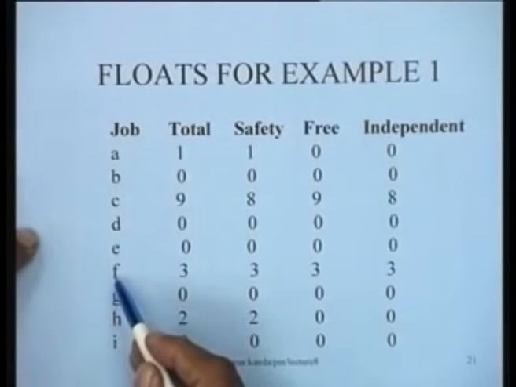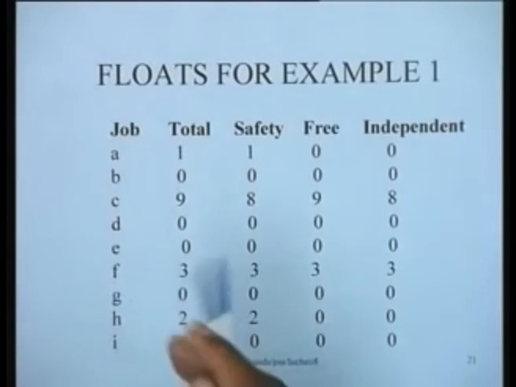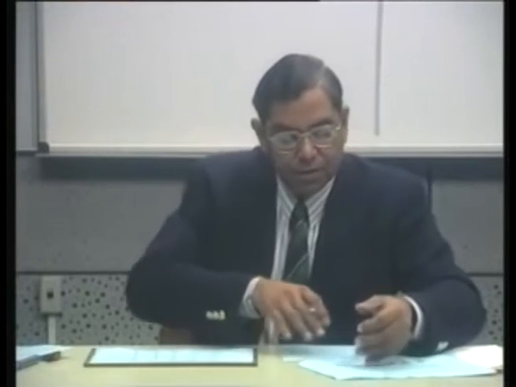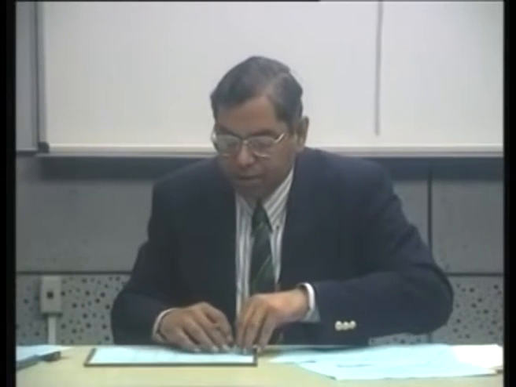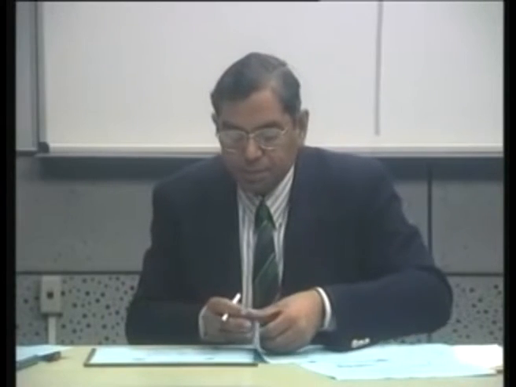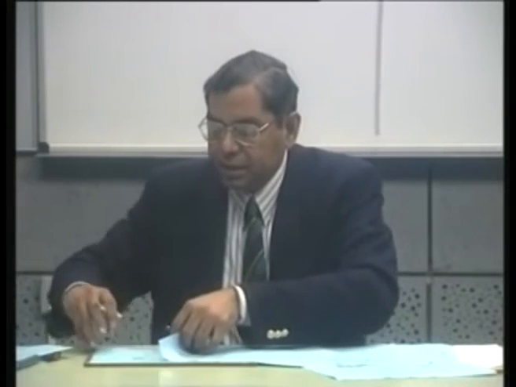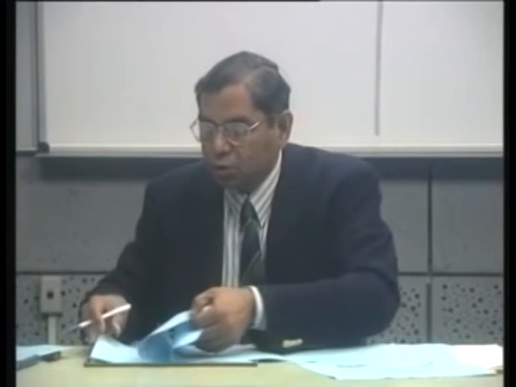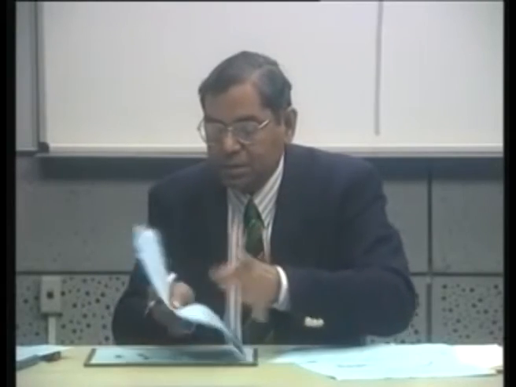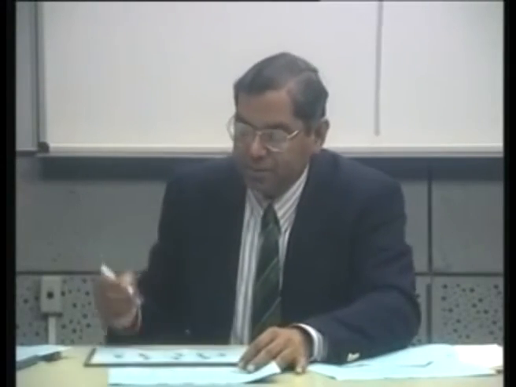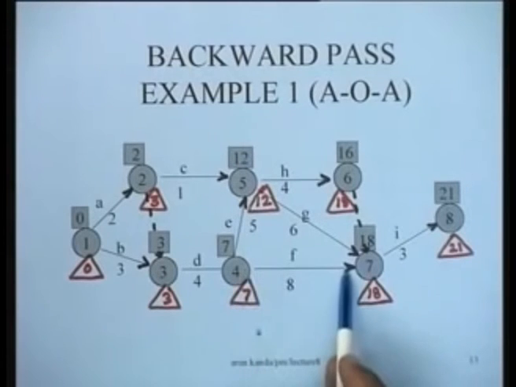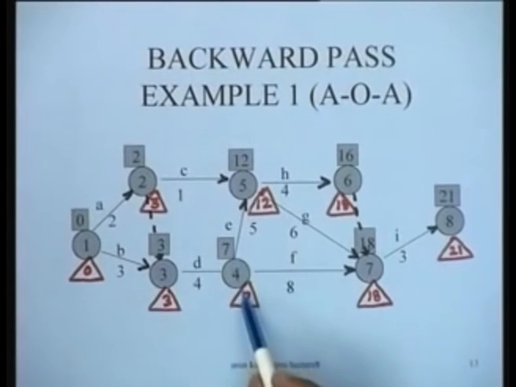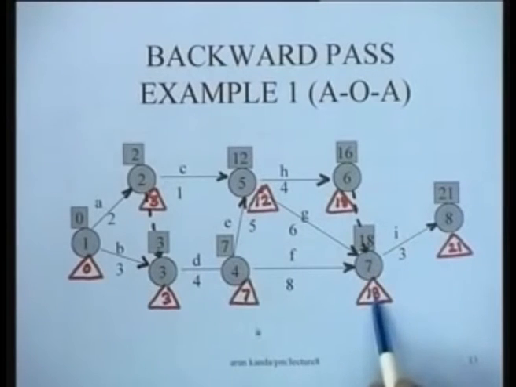Let us take for instance this example of say maybe job F. Let us refer to the calculations that we had done earlier, and look at this particular activity F. Once we have identified the total float for this, which is 3, the slack on the preceding node is 0, the slack on the succeeding node is also 0.